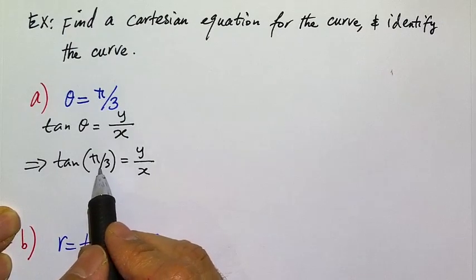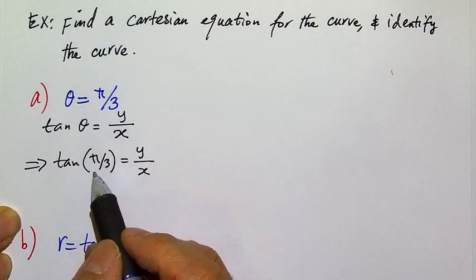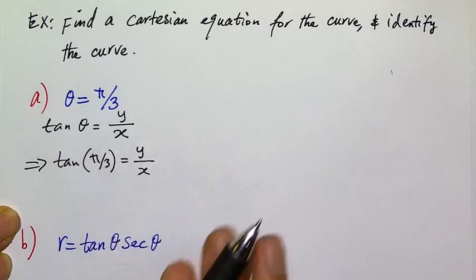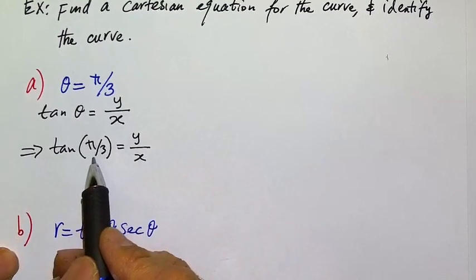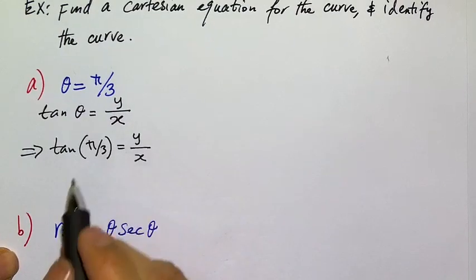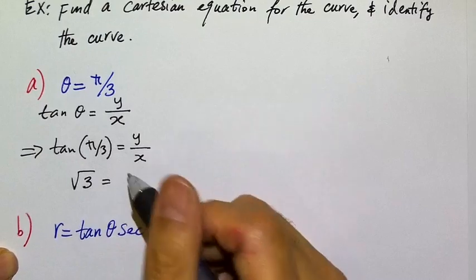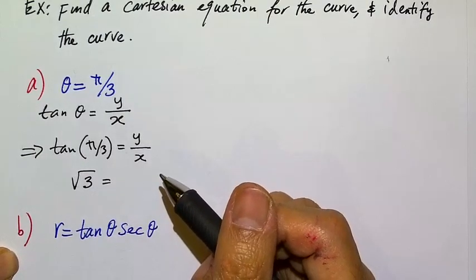Okay? This is an easy angle. As a matter of fact, it's one of the angles described in the special table of trigonometric values, pi over 3 or 60 degrees. We know that tangent of pi over 3 is the square root of 3. When I taught trigonometry, I asked my students to memorize that.